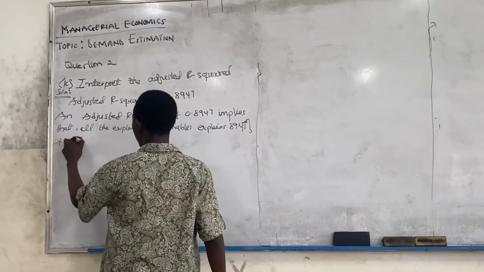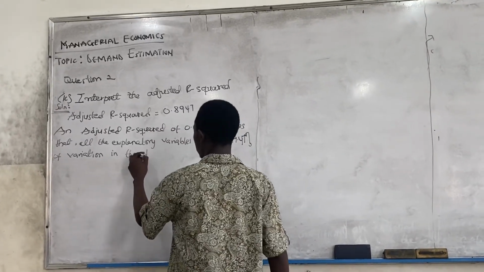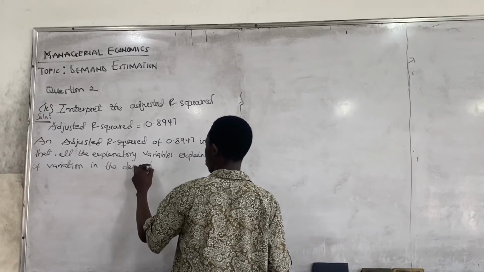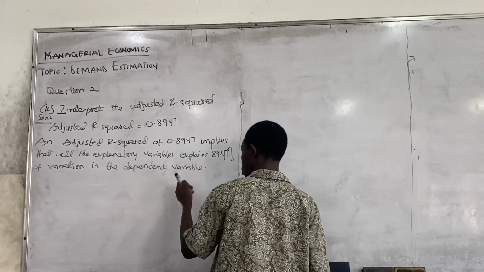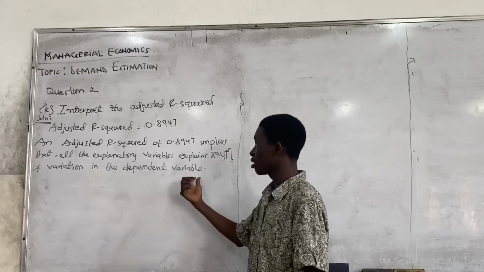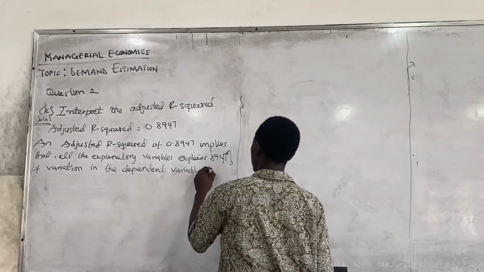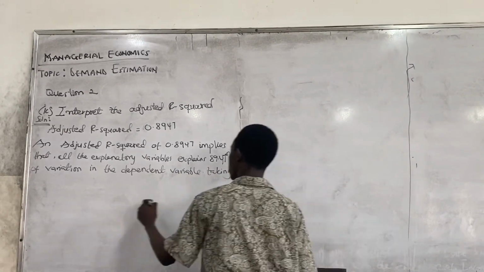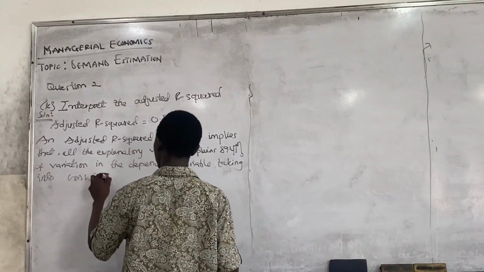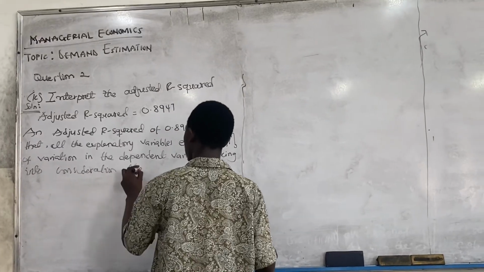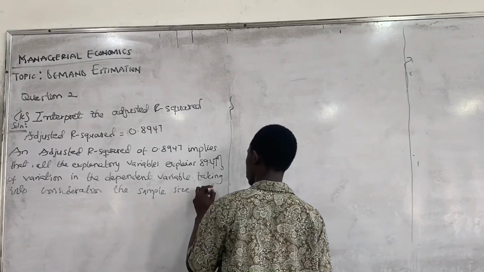of variations in the dependent variable. Okay, if it's R square, you end here. Here lies the case of adjusted R square, so you are taking into consideration the sample size and the number of explanatory variables.